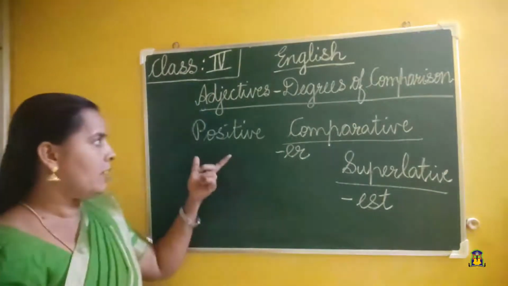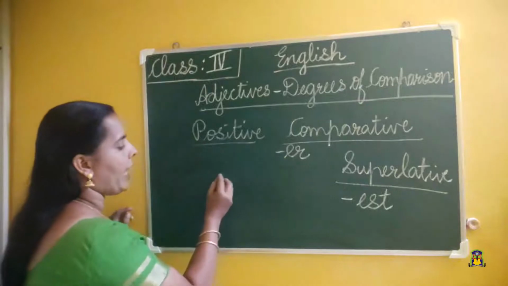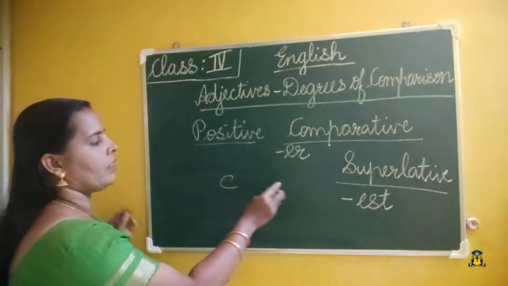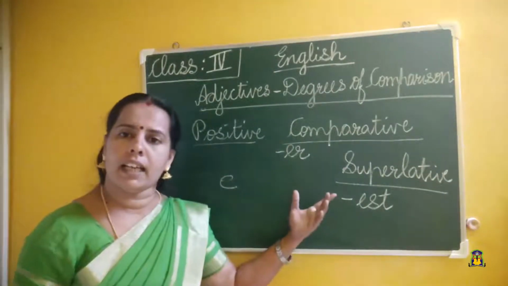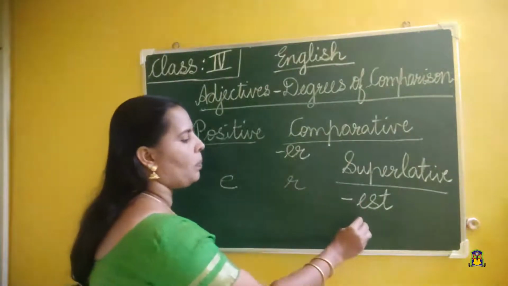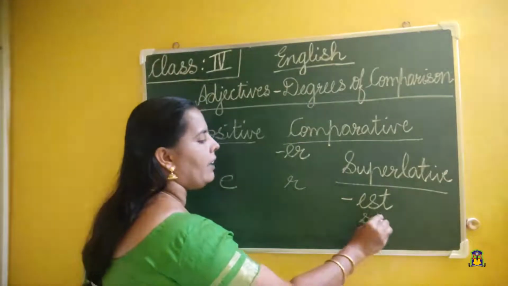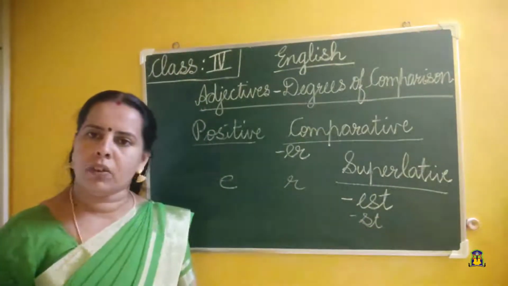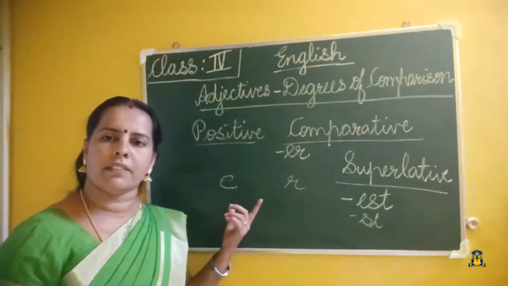Okay. If in the positive degree the word ends in E, no need of adding again another E. Just add R. And in superlative, just add ST. Okay, E is already there in the adjective.